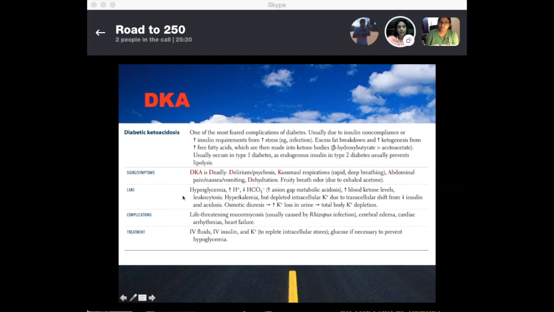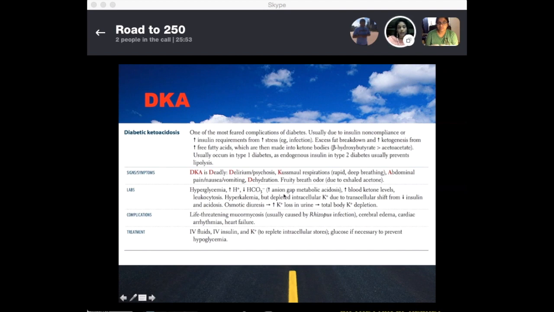In labs for these patients, they're going to have hyperglycemia, so increased glucose, but no insulin to push the glucose into the cell. They have increased acid from the free fatty acids that made the beta-hydroxybutyrate or the ketone body, so those are acidotic.